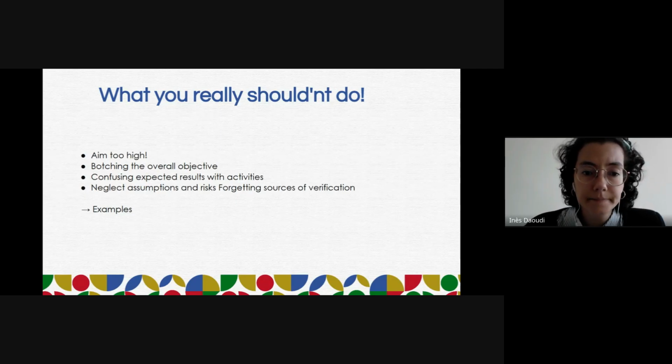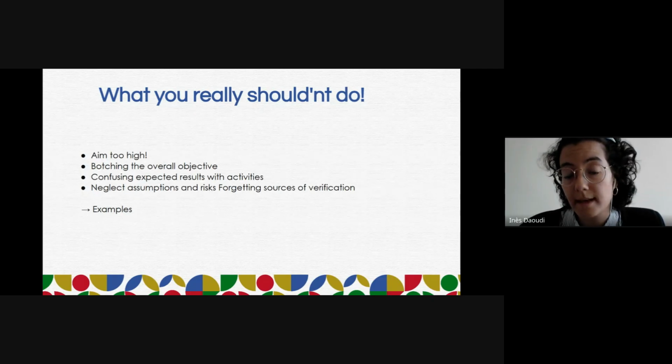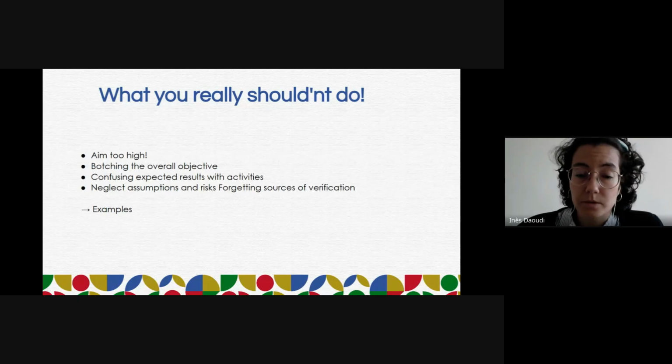Then you need also to think about your results and about the activities that you're going to implement in your project. It is essential to clearly distinguish between those two elements. So you have first the expected results, also known as outputs or outcomes. The expected results are very specific.